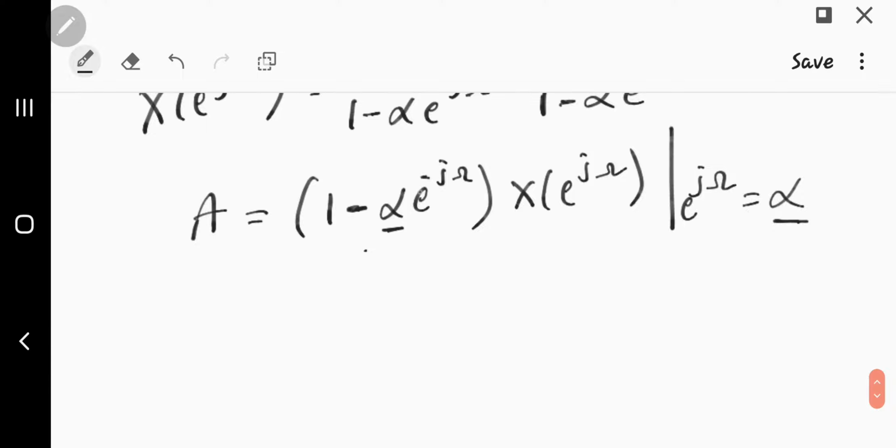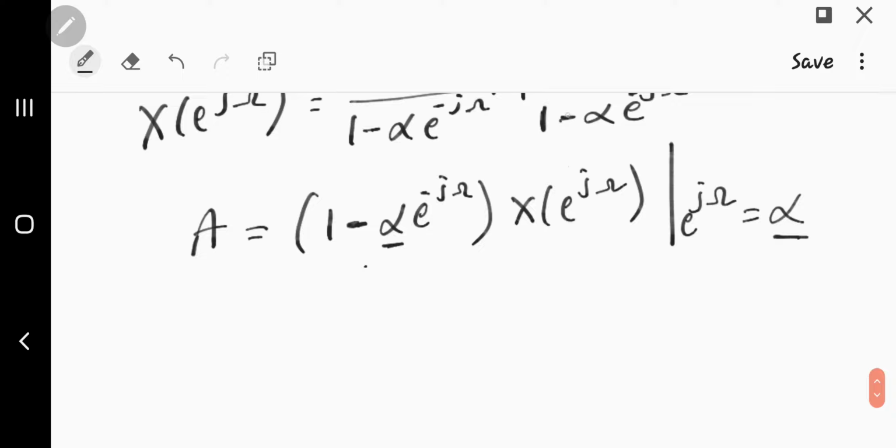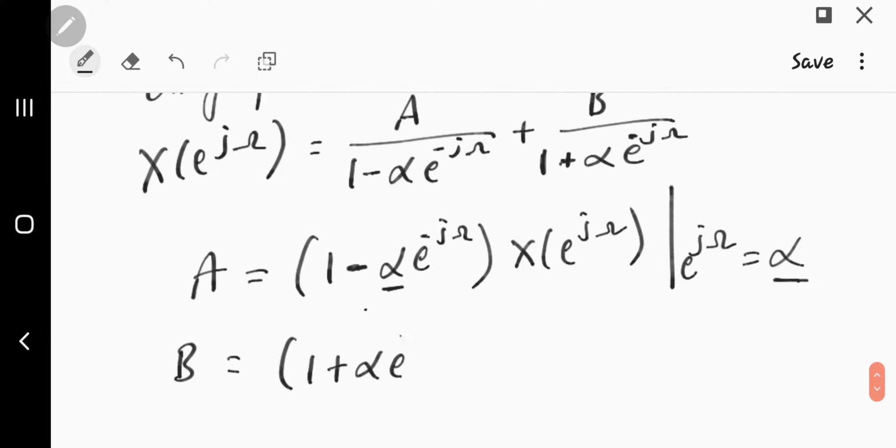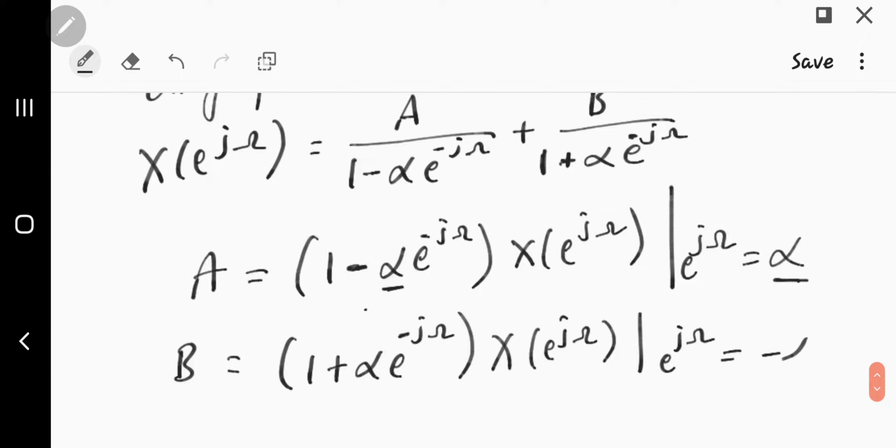If you have 1 minus alpha e power minus j omega, then it will be plus alpha, like that. Or here itself I will just change that. If you want to find b, then 1 plus alpha e power minus j omega times x of e power j omega, where e power j omega takes the value minus alpha.